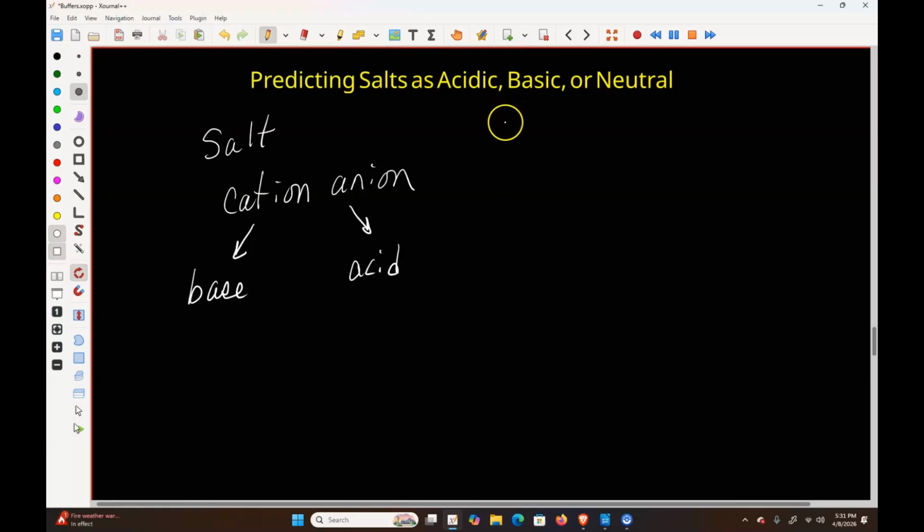If the acid is strong and the base is weak, then the salt will be acidic, because the acid's effect is stronger than the base's effect.